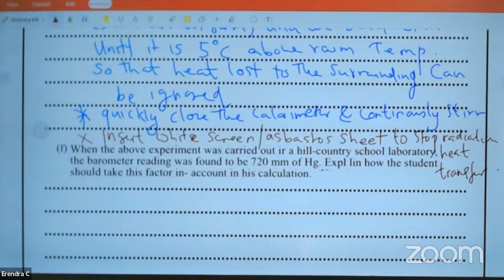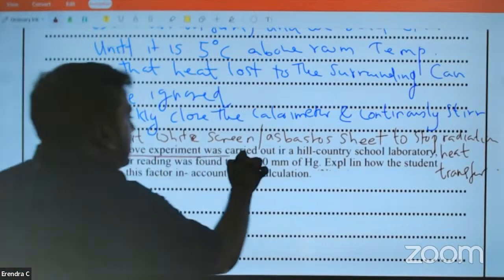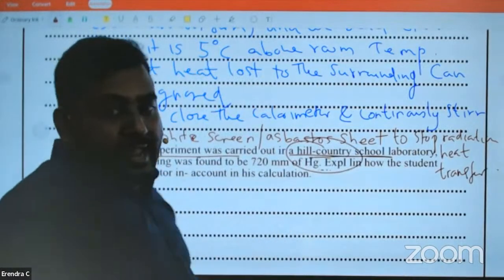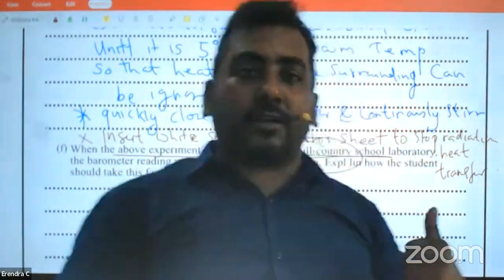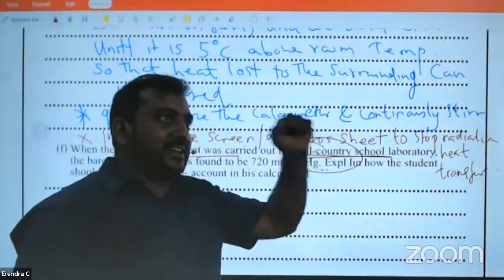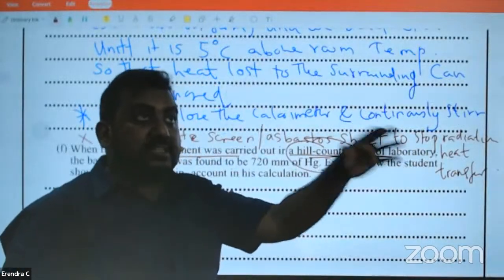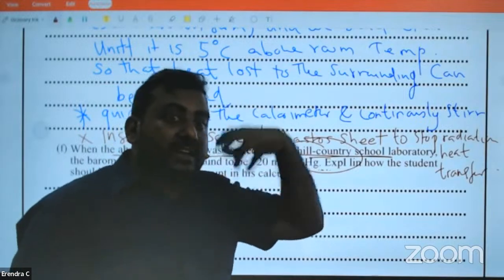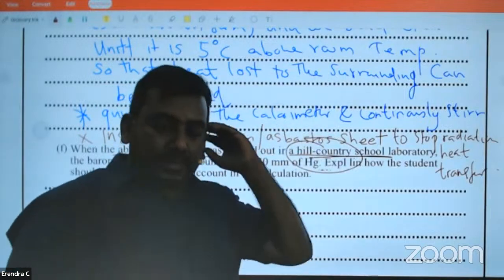When the above experiment was carried out in a hill country school, atmospheric pressure will change. Atmospheric pressure changes means boiling point will change. When you go to the hill country, atmospheric pressure will increase or reduce? Reduce.